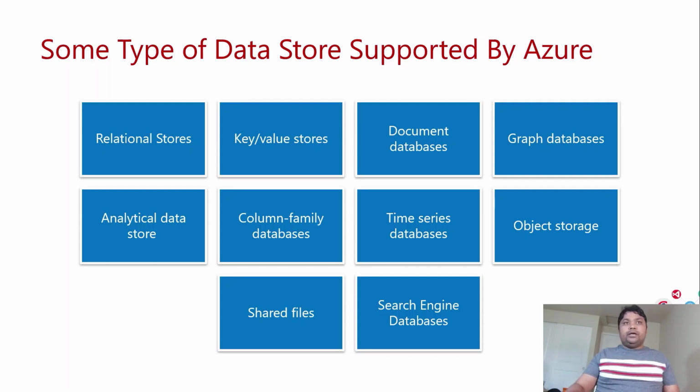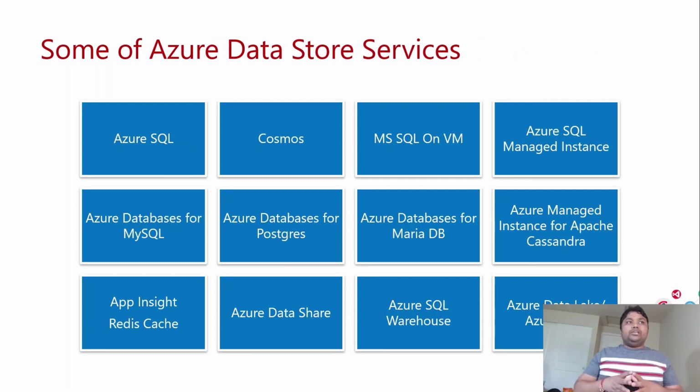So let's move ahead. If you see the store technologies and Azure data store services which we have under the umbrella, we have Azure SQL. Azure SQL is a relational database which is hyperscale and fully platform as a service. We do not need to think about managing any infra.